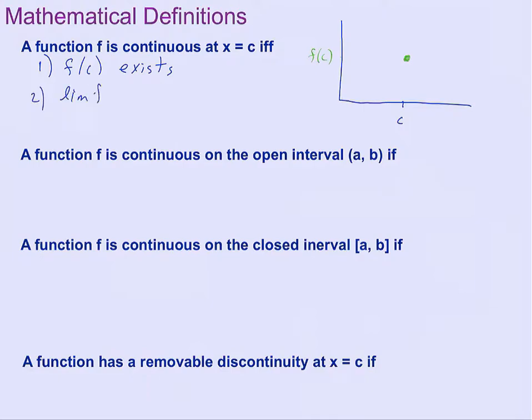Okay, great. And the limit as x approaches c must exist. I should say the limit of f of x as x approaches c must exist. So there has to be some value that the function is getting closer and closer and closer to as x approaches c.